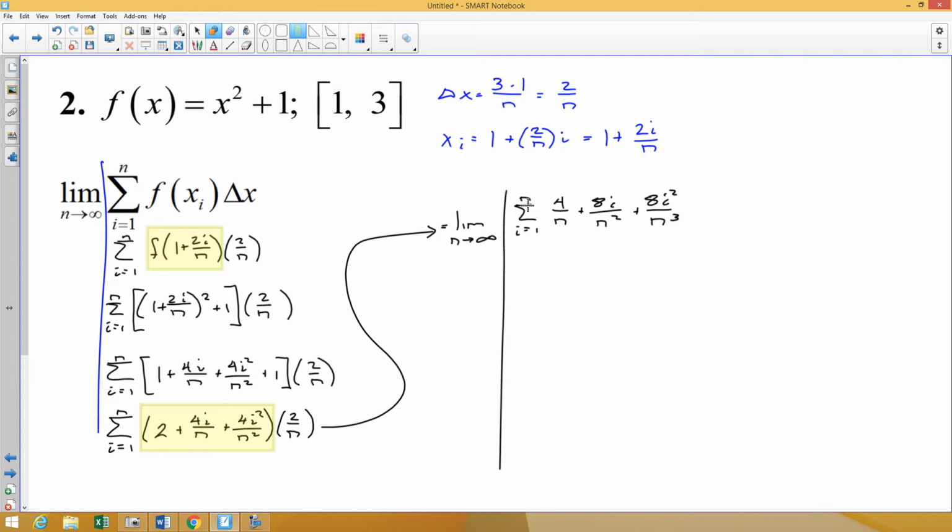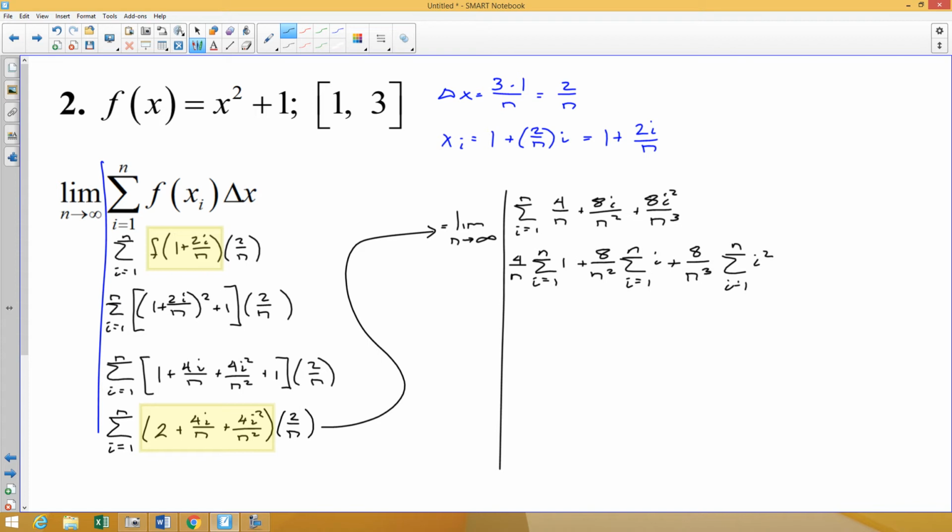So the sum of 4 over n, I could pull that 4 over n out and make that the sum as i goes from 1 to n of just 1, plus, and then I can pull the 8 over n squared out and do the sum as i goes from 1 to n of just i, plus, and then for this i squared one, I can pull the 8 over n cubed out. 8 over n cubed, sum i goes from 1 to n of i squared.